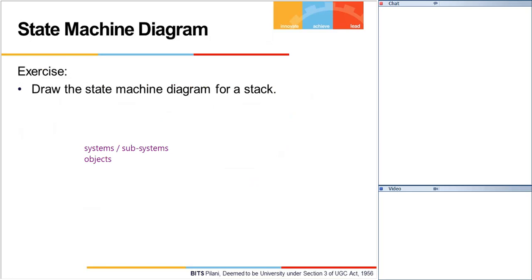So please keep this in mind that given a question, there would be a number of assumptions that you might be required to make in order to draw the diagram, right? And this holds true for any kind of diagram that you might get. But your assumptions should be correct, and should be within the boundaries of the system itself. Okay?